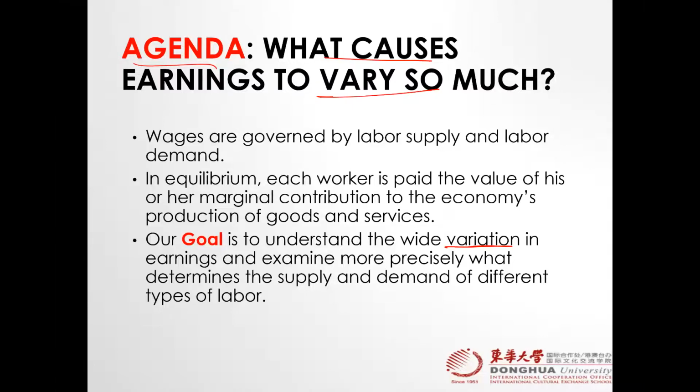Because economics cannot explain the other phenomena, but it can provide explanation. All right. So our agenda is to find out what causes this variation, because economics assumes people are rational, right? So we will see whether there is any rational explanation.